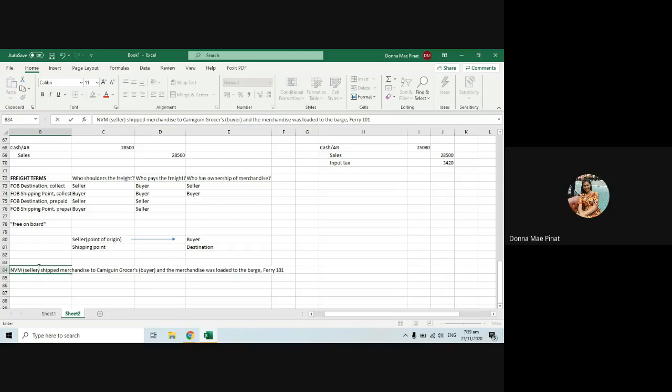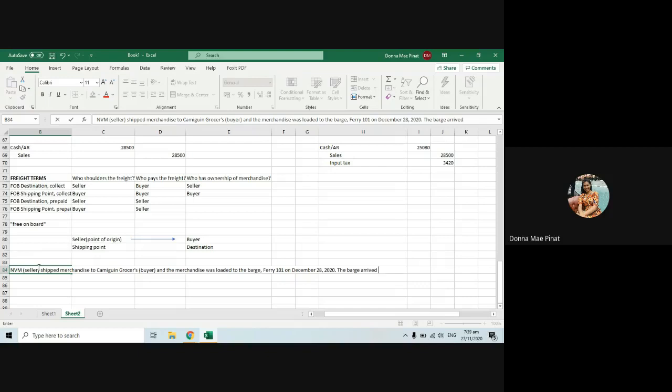Sige, 101 on December 28, 2020. The barge arrived. So, sapol dugi kay nilarga ang barge pagkakuan na, December 30 na siya nilarga.